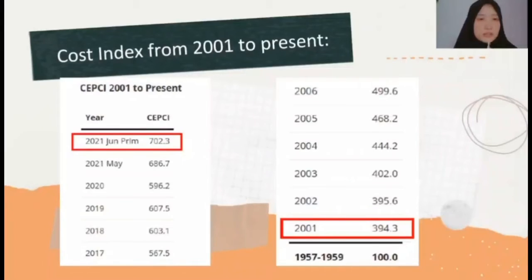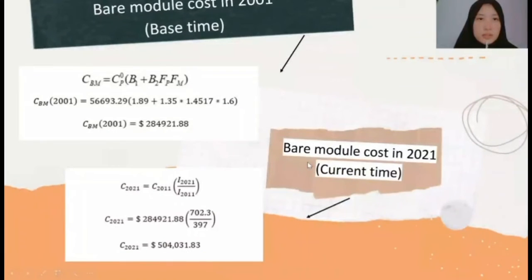Next we have the cost index, which is the CEPCI value. For 2001 it is 397.3 and for the present it is 394.3. Then we can calculate the bare module cost for the base time by using the formula CBM equals CP0 multiplied by B1 plus B2 multiplied by FM multiplied by FP.